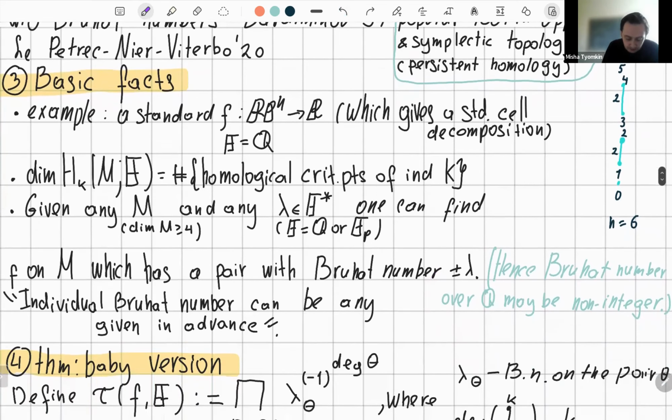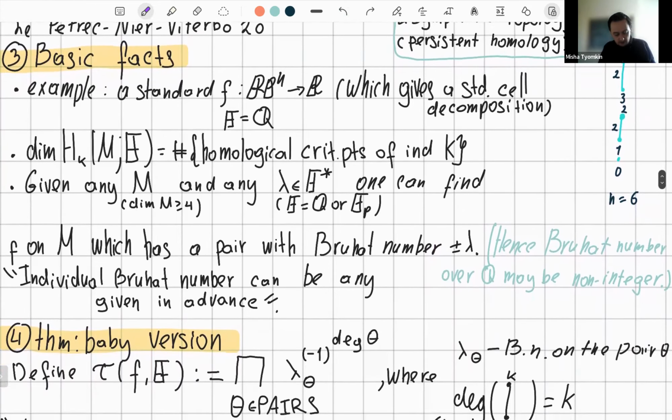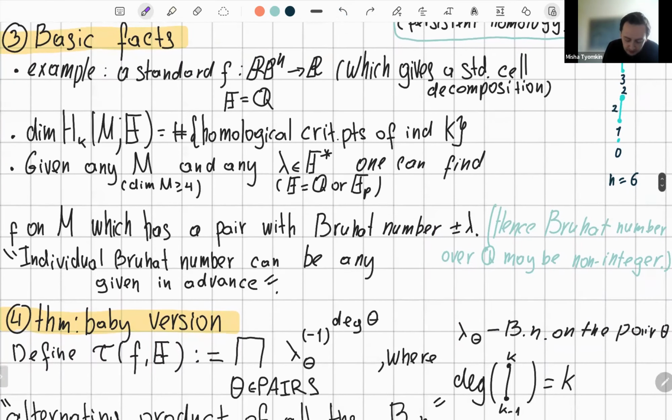All right. Let me now move to the baby version of the theorem. As said, a single Bruhat number can be anything, but let me define the following single number associated to the function. It's called tau of f and F, and it is defined by this formula.